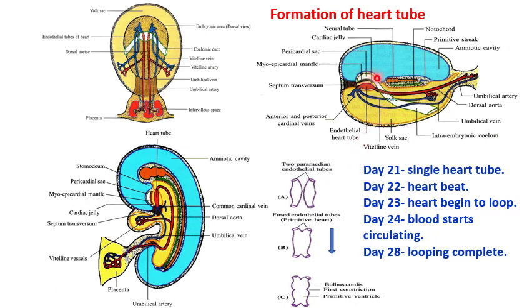This is the pericardial sac, then the myoepicardial mantle, then the cardiac jelly, then the primitive heart tube that has fused to form a single heart tube. So these are the two paramedian endothelial tubes which you are seeing in front of the pericardial sac here, the white thing. So they fuse from craniocaudally to form a single heart tube.